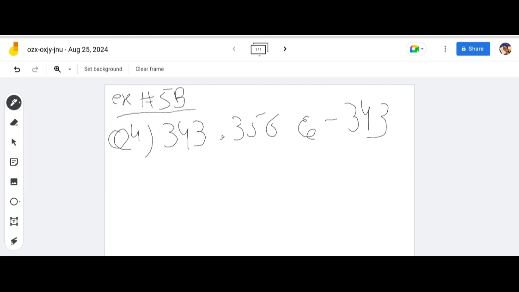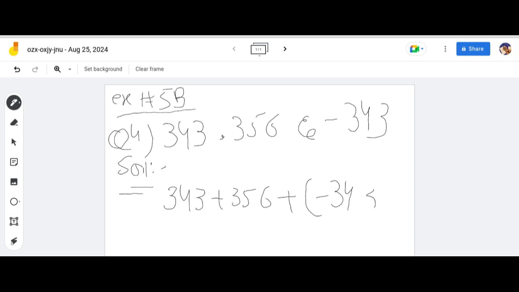How can we solve this? You have to write the solution like this: 343 plus 356, and here is also plus, but here I have to put the bracket. Why do I have to put the bracket here? Because there is a minus with 343.